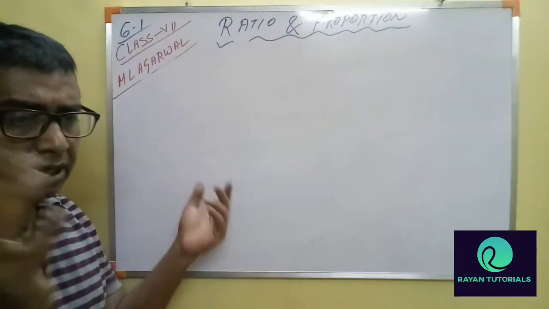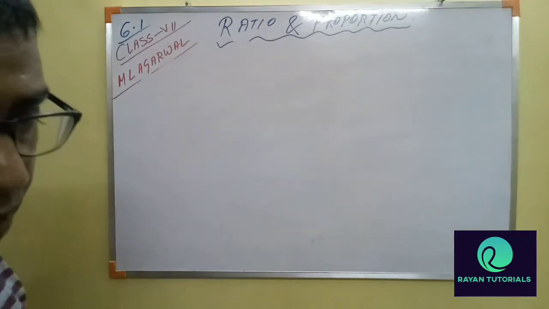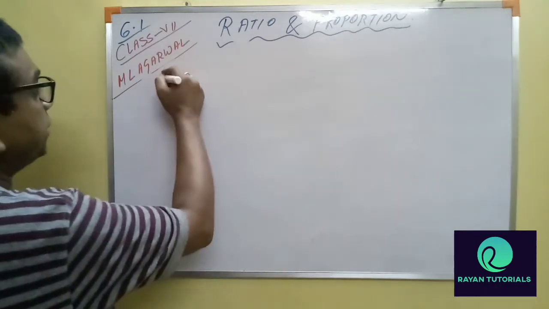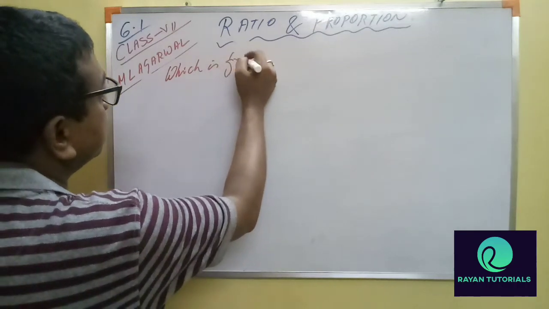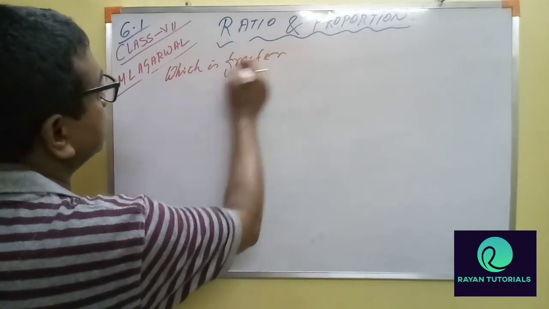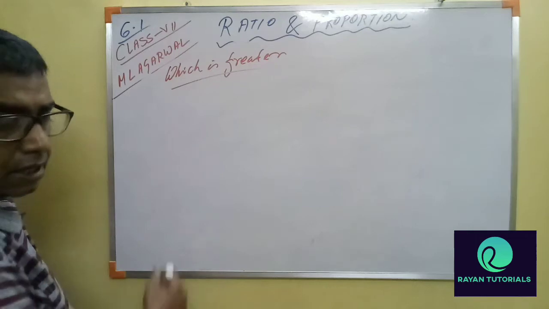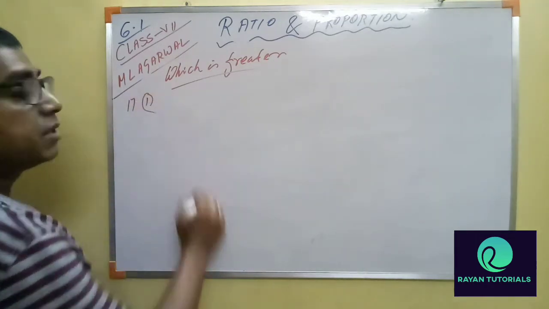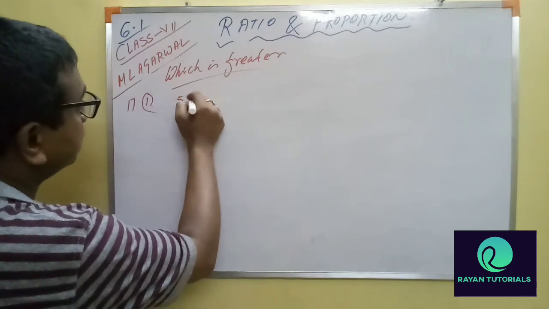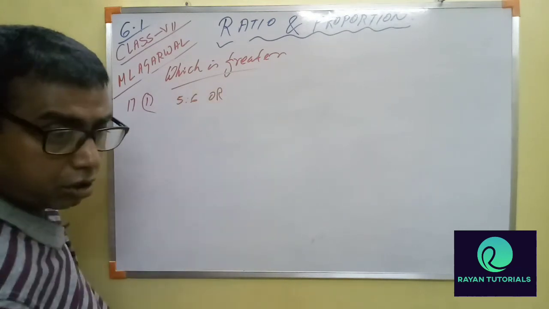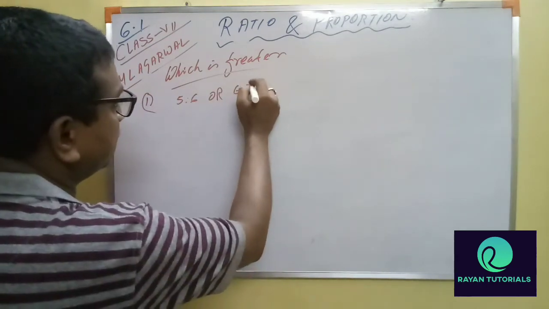Okay, last sum. Which ratio is greater? 17 subdivision 1. 5 by 6 or 6:7.